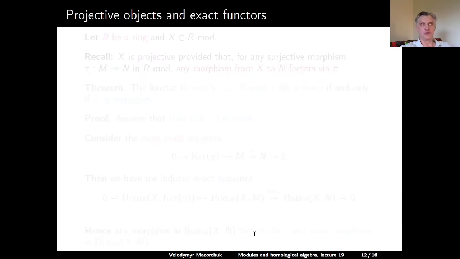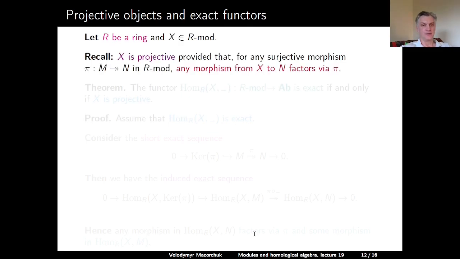Now we want to give a characterization for exact functors of some particular type. And we will relate this to the notion of projective objects, which we discussed in a previous lecture. So let R be a ring and X an R module.